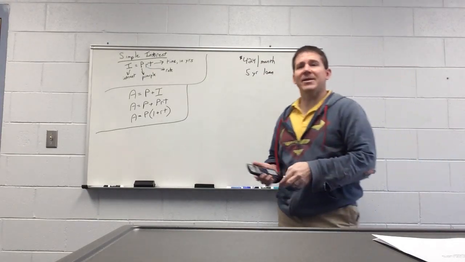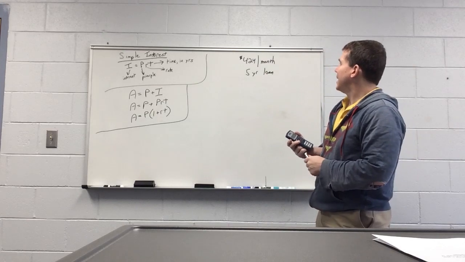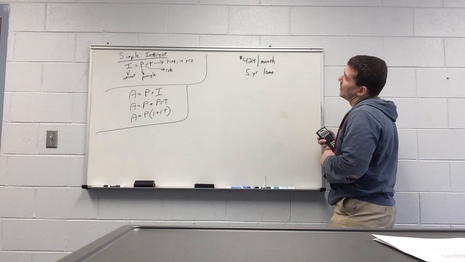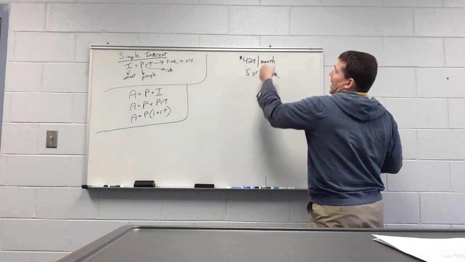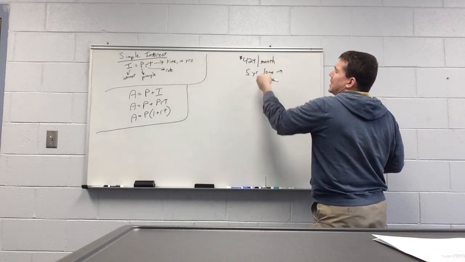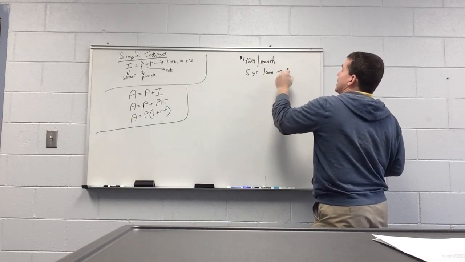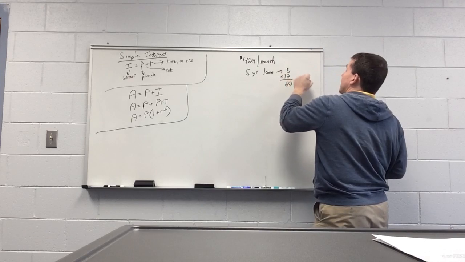Well, here we're not given an interest rate or anything like that, but we can kind of figure this out a different way. It's a 5-year loan, and I'm making monthly payments. So in 5 years, how many payments do I make? Well, that's 5 years. There's 12 months per year. So that's 60 months.